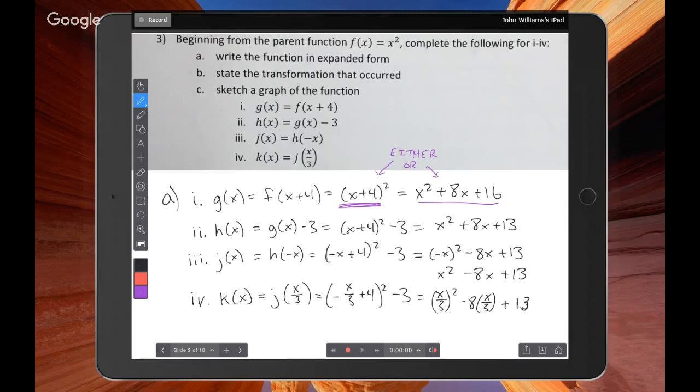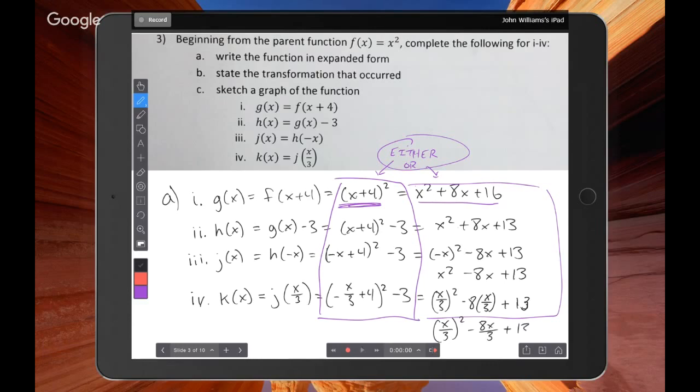Yeah, that's what I'm trying to say here, Owen. If you did this one, this is all good, or this one, this is all good. Either are good. But anyway, this last one after we expand it would be x over 3 squared minus 8x over 3 plus 13.